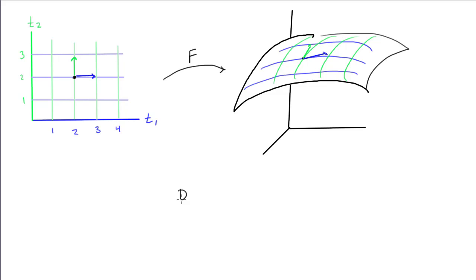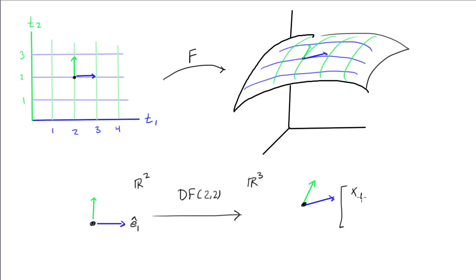So looking at the derivative at that point, I'm taking this 2-dimensional space centered at the point 2, 2 to a 2-dimensional object in 3 space centered at the point f(2,2). Mapping R2 to R3. A tangent vector to the parameter space goes to a tangent vector to the surface.